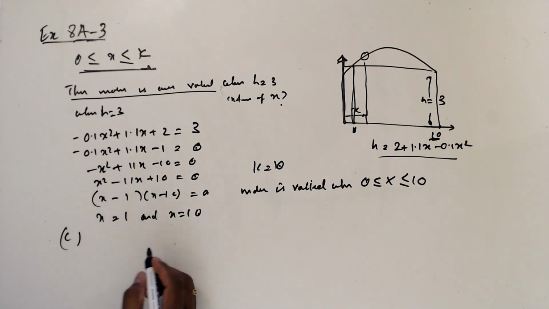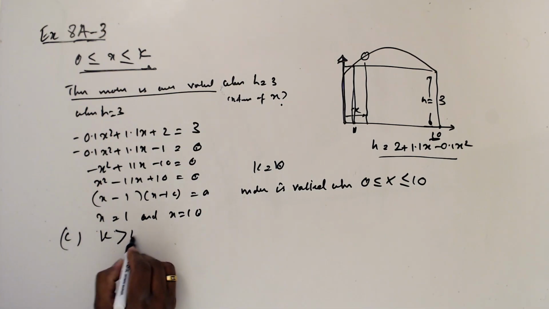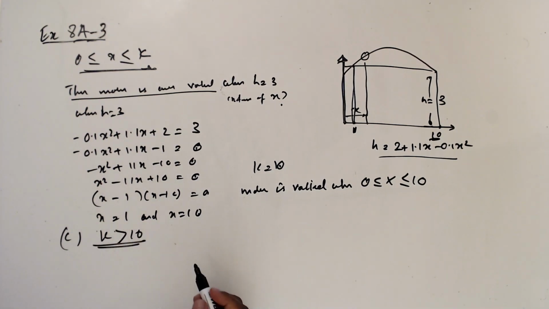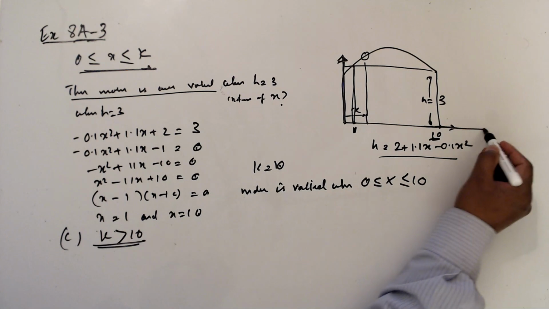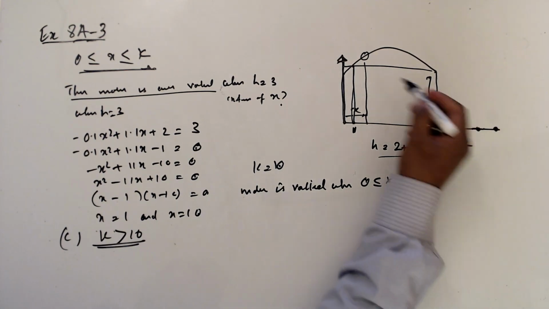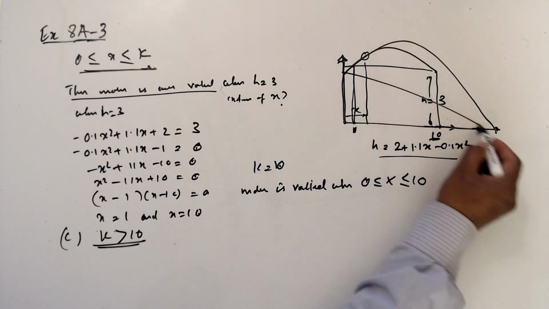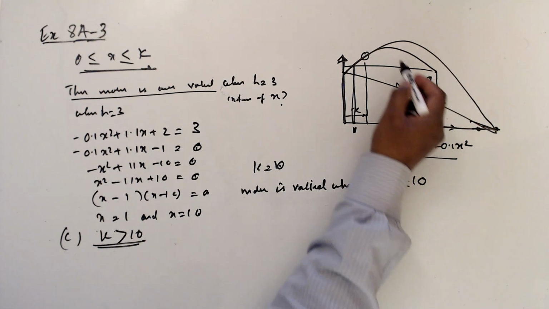The next question is, if k is greater than 10, what will happen? So if k is greater than 10, assume a value somewhere here, it may go over the net, or it may go under the net.